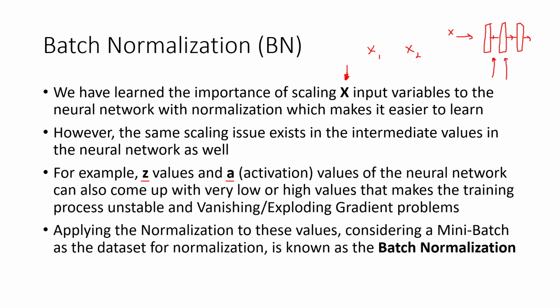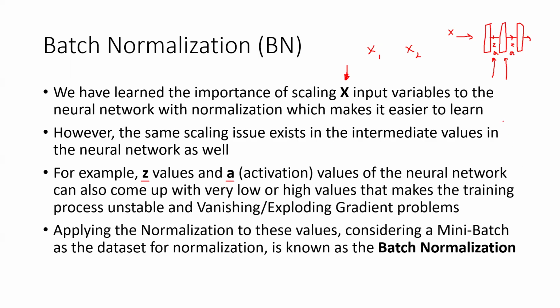So what we are going to do is scale these z values or activation values in each of these layers independently, so that each of these neural layers can learn in a much more robust way when it comes to gradient descent optimization, right.